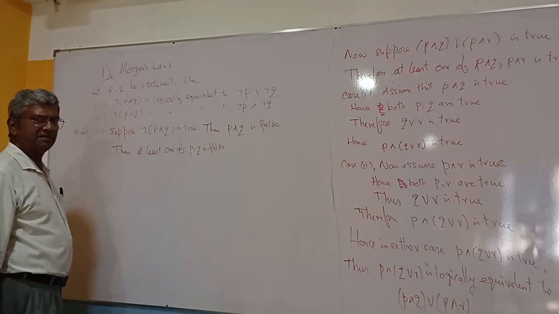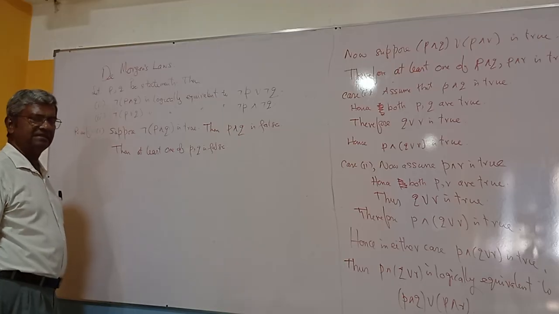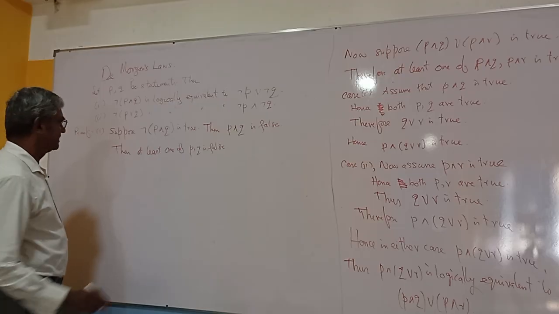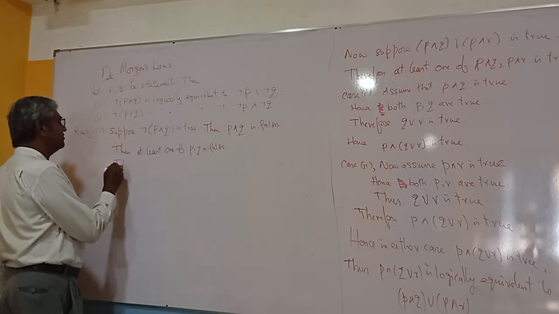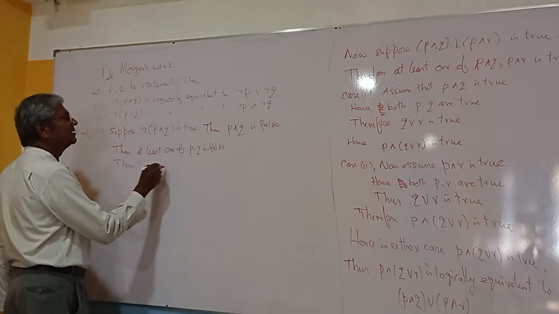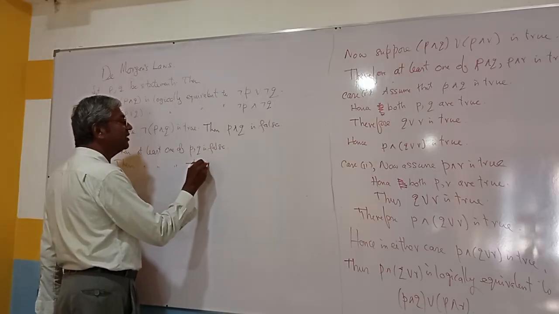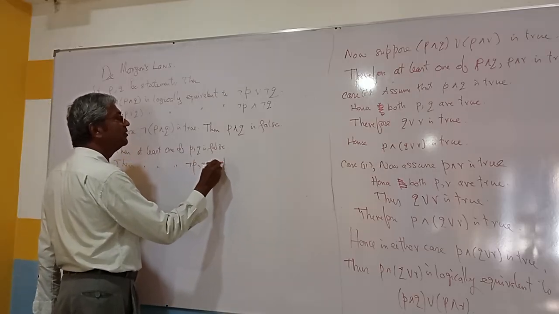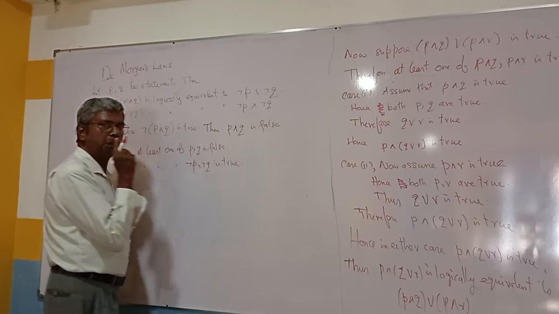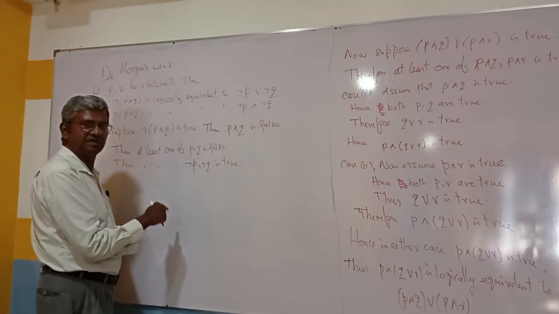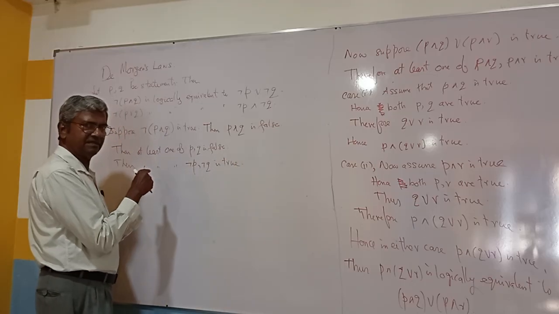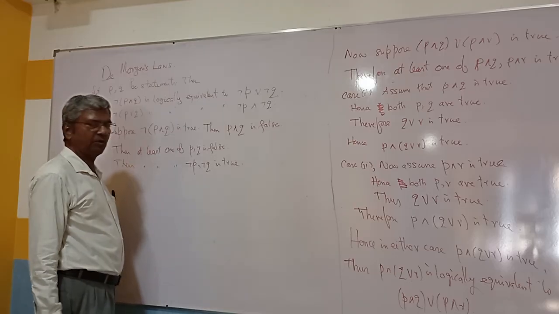Assume that P is false. Then cannot you say this way, at least one of not P, not Q is true? Because at least one of them is false, if you take the negation, then at least one of them is true.